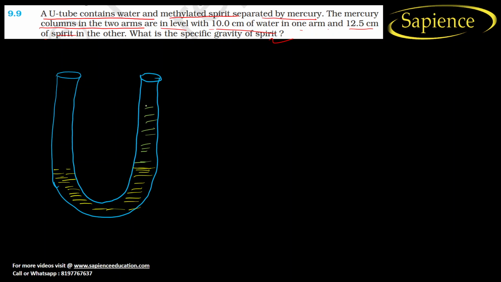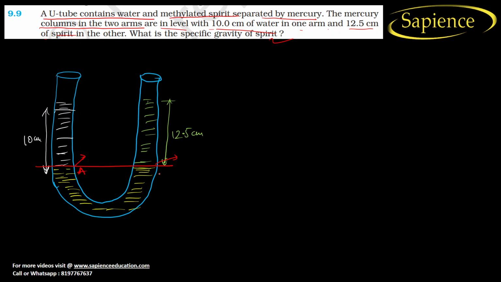So this spirit is 12.5 centimeter, and on this side there is water, and the height of the water is 10 centimeter. Now one thing we should understand is that the level of the mercury is the same, so pressure at this point as well as this point will be the same.